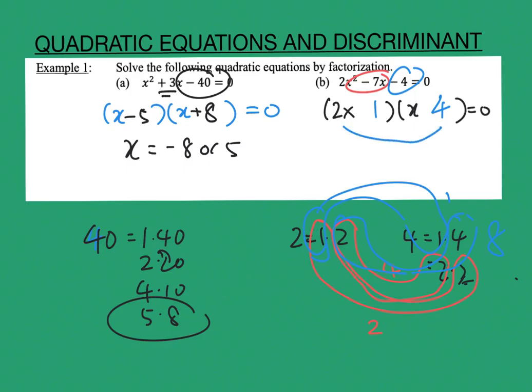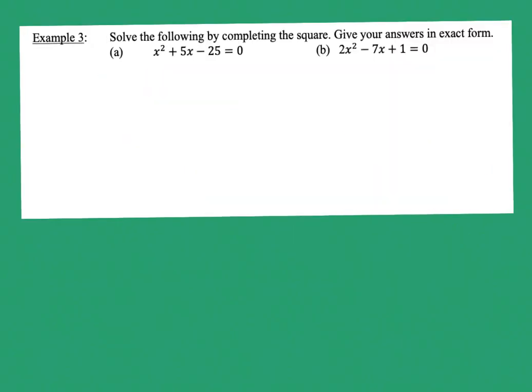So we want negative 8x, so this is negative, and the plus here. And then when you multiply the other term, this is plus x, so you get a negative 7x. So the final answer will be x is equal to negative half or 4.